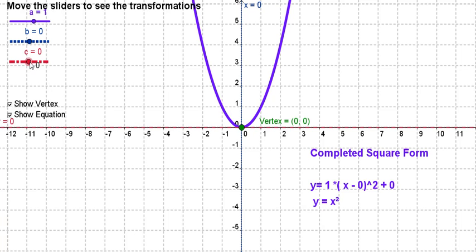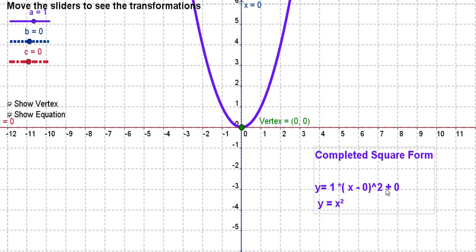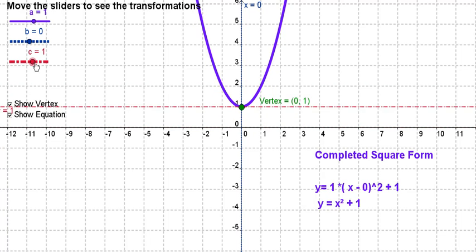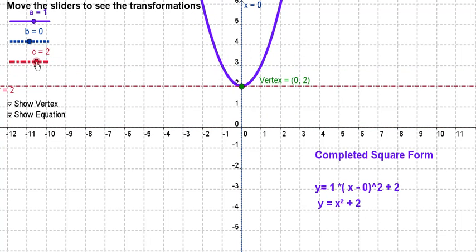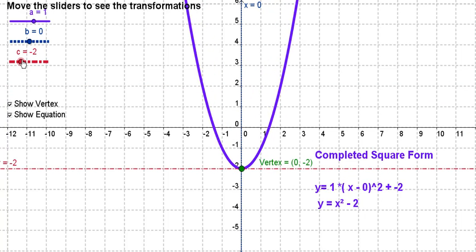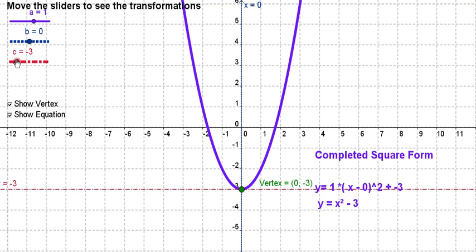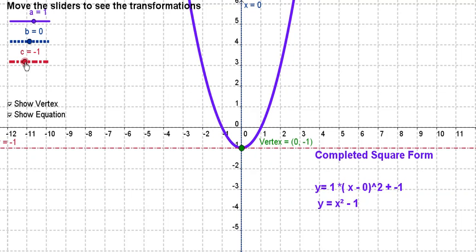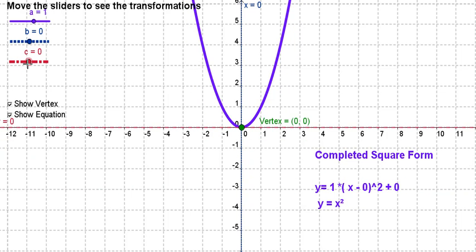Now, when I move the value for C, which is this bit that I'm adding on at the end, the plus 0, as I change that, as I make that bigger, it moves my graph up, and look, my equation becomes y equals x squared plus 2, so my vertex is 2, and as I move it down, it makes it negative, and my y value is now at -3, and my equation has that in there. So the bit outside the brackets, if it's plus, it moves it up, and if it's minus, it moves it down.